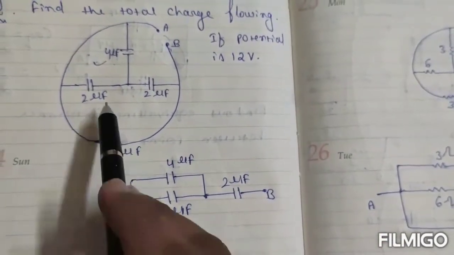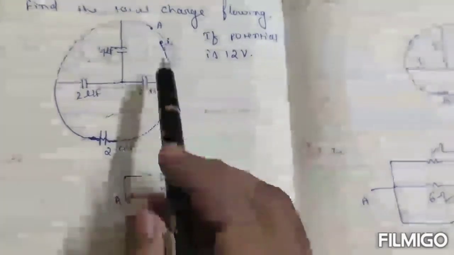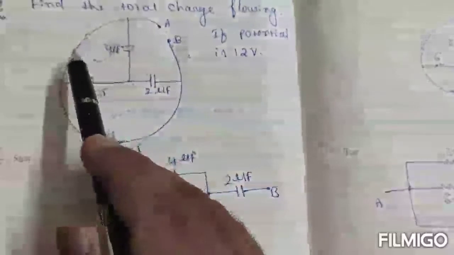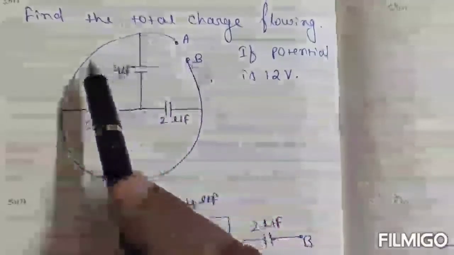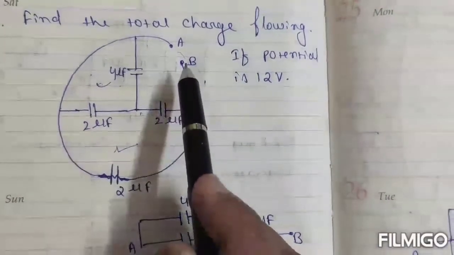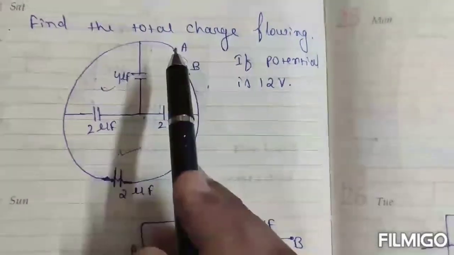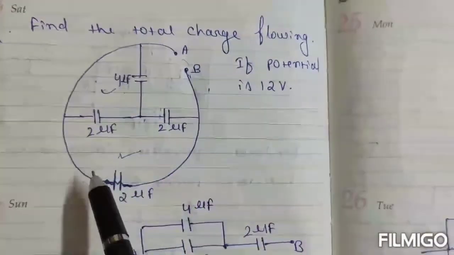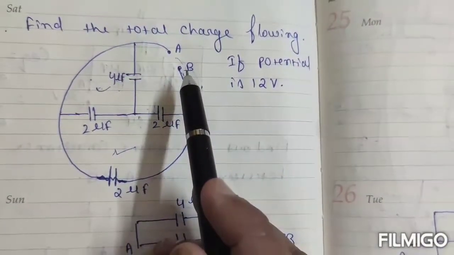Now let us come to this last section. If I want to go from A to B, I will start from A and cross 2 microfarad and 2 microfarad in series, and I will go to B. This is a series connection. What is the alternative way? I will start from A, cross 2 microfarad and reach B again.